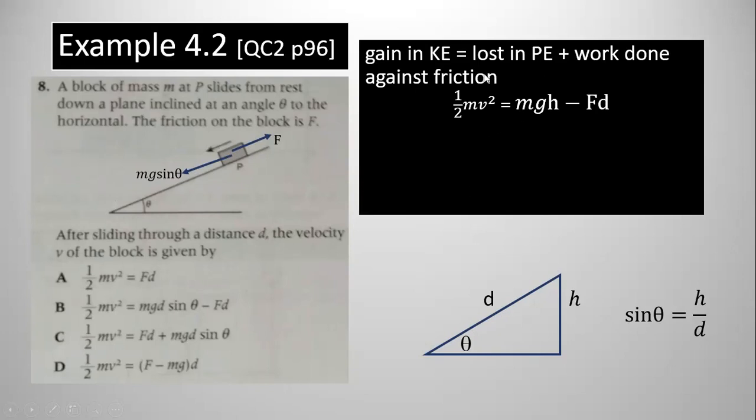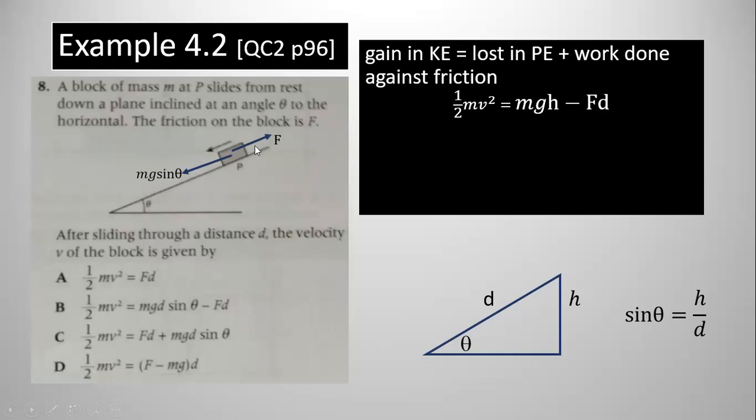So our initial kinetic energy is 0. Potential energy initially is mgh, finally is 0. Work done is the work done against friction, minus FD, because the force is opposite to the direction of motion.